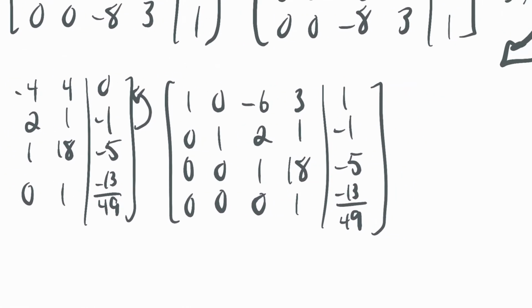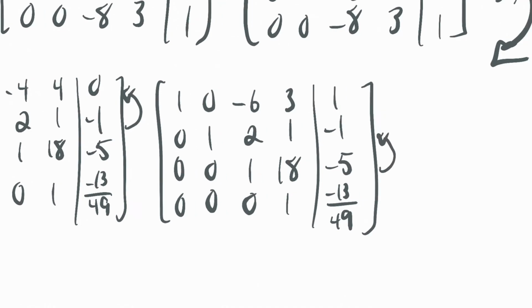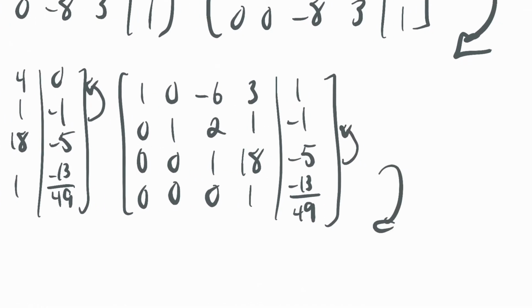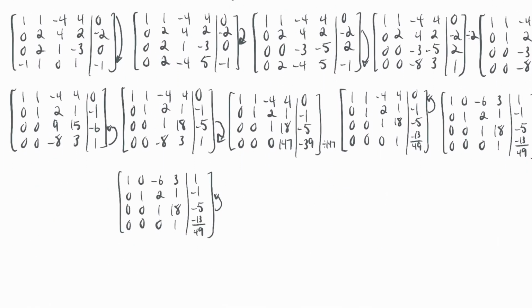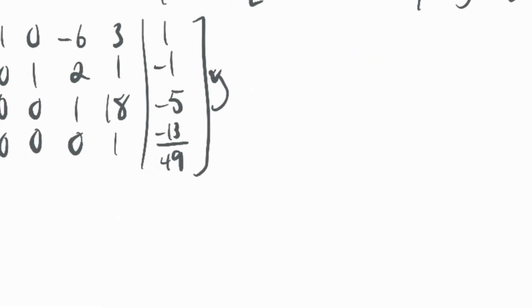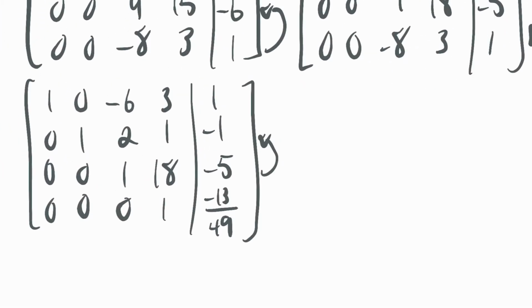Now I can use this 1 to eliminate the stuff above it. I can take double this row and subtract it from the row above it. We're out of room, but we have a little bit left, which should be enough to finish the problem. So this will become 0.